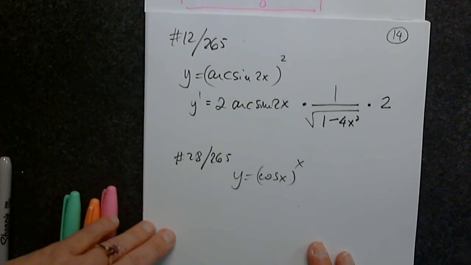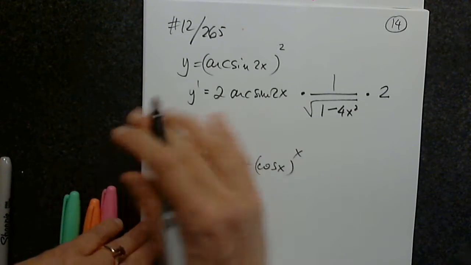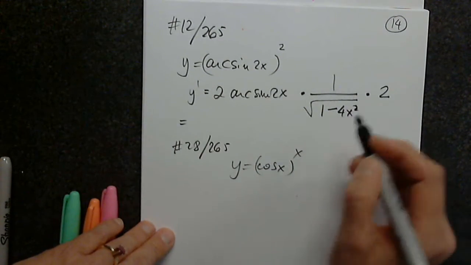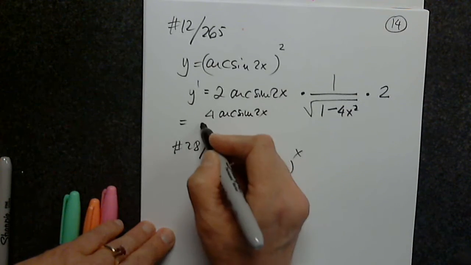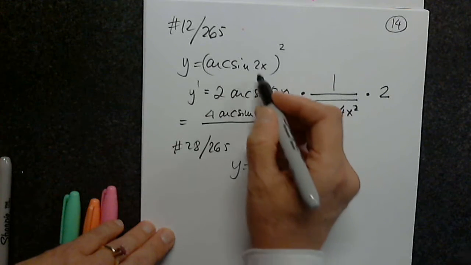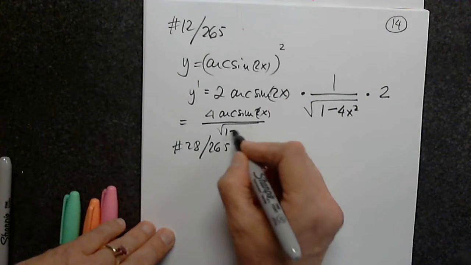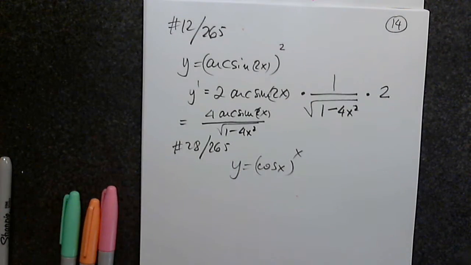Excellent, well done. So the final simplified, a little bit condensed, is 4 arc sine 2x, in parentheses if you want, that's fine, over the square root of 1 minus 4x squared. Great job. Perfect.